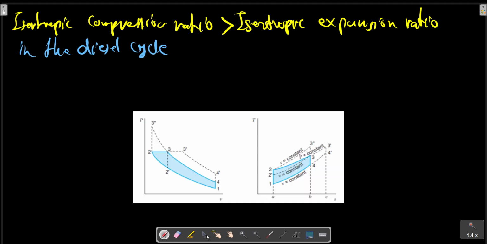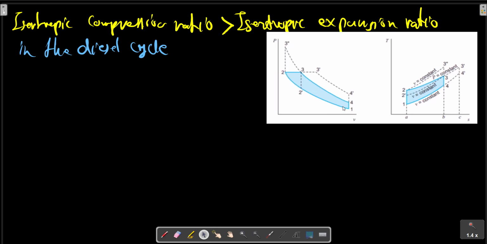Consider this picture again for the diesel cycle. In addition, for a given state before compression and a given compression ratio, states 1 and 2, the cycle efficiency decreases as the maximum pressure increases. So the cycle efficiency decreases as the maximum temperature increases.